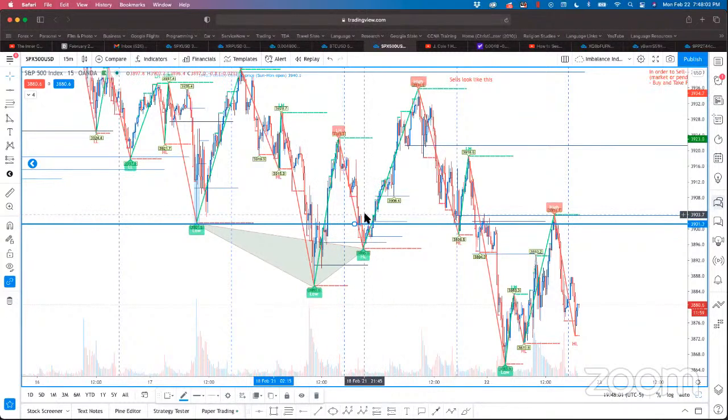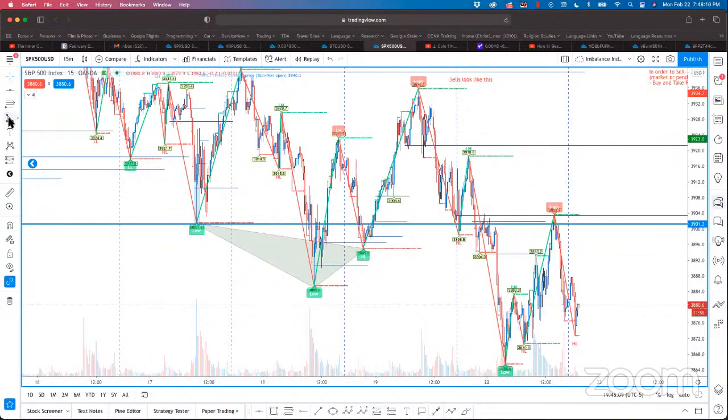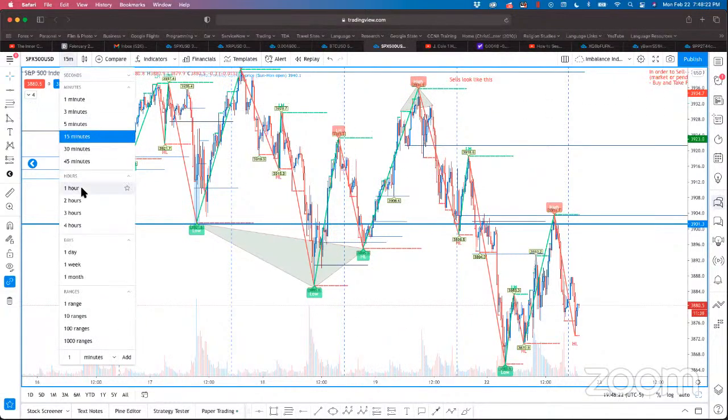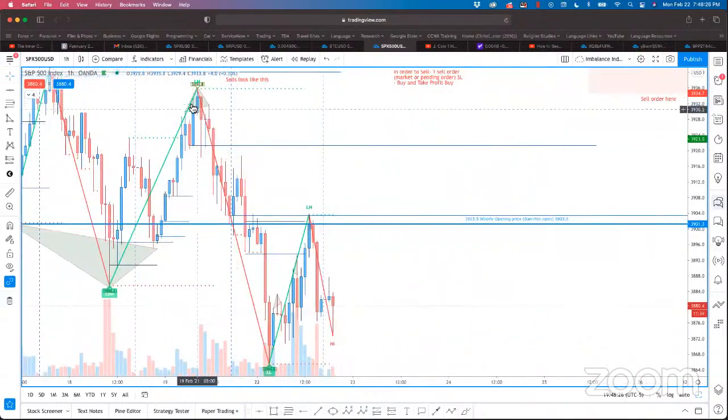Then if I want to take the reversal, I go look at this on the 1 hour. What is this? Same thing. 1, 2, 3. Right? Sure, it's multiple candles on a 15-minute, but what is it on the 1 hour? It looked like a head and shoulders right here.